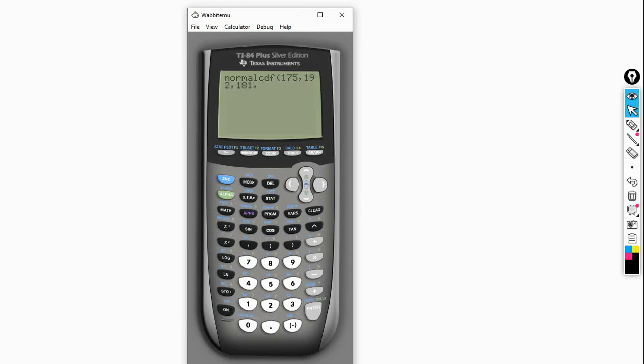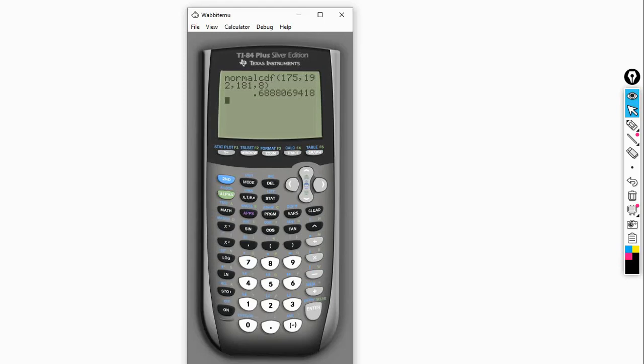And then finally, the standard deviation, which we said was 8. We close parenthesis, you hit enter, and you're going to get that approximately 68.88% of the young men between ages 18 and 19 have a height between 175 and 192 centimeters.